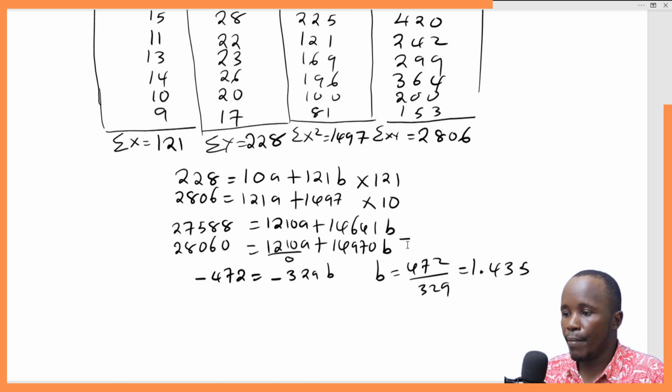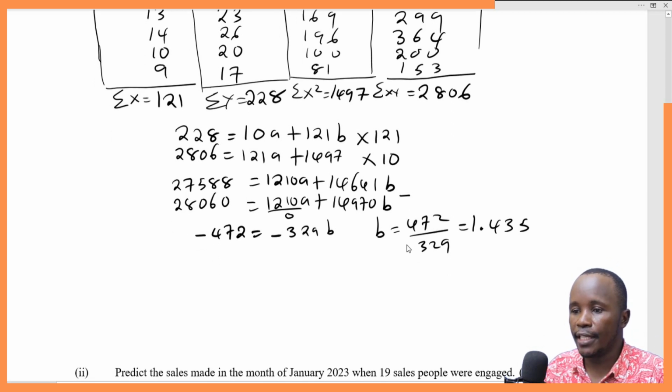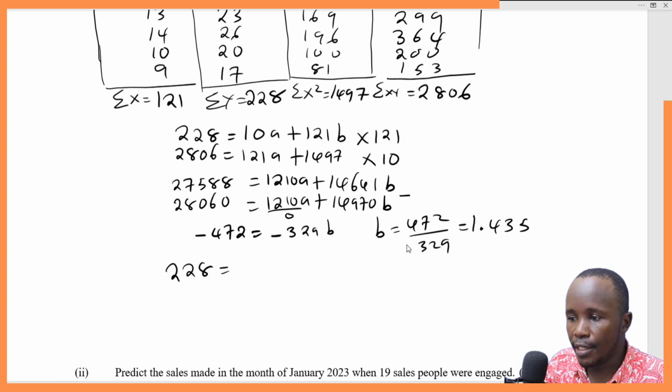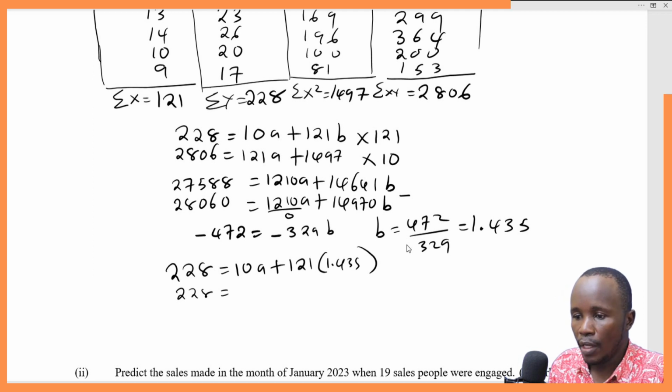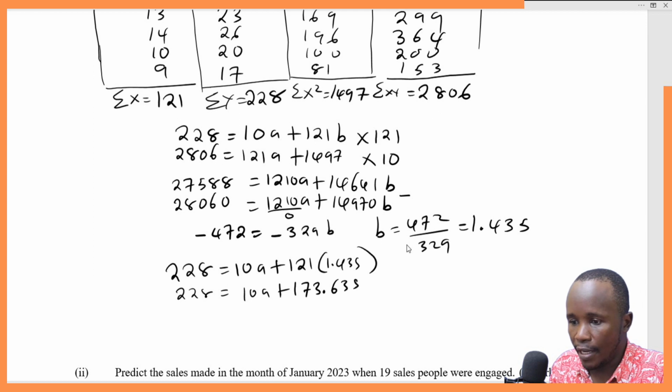I substitute my b in any of the equations to get a. So 228 is equal to 10a plus 121 times 1.435. What is 121 times 1.435? This gives me 173.635.